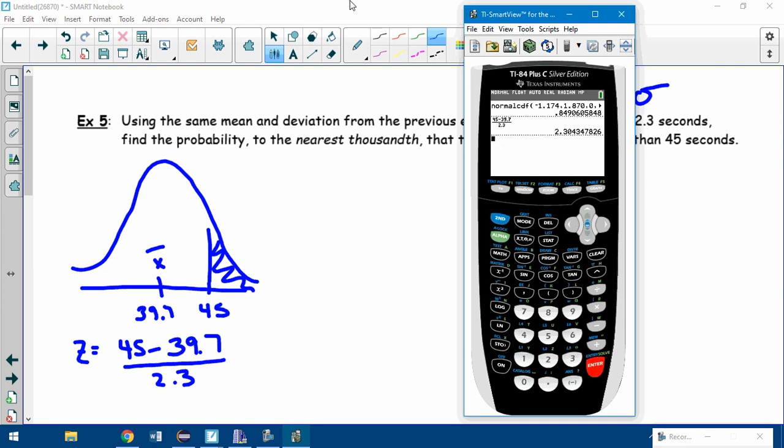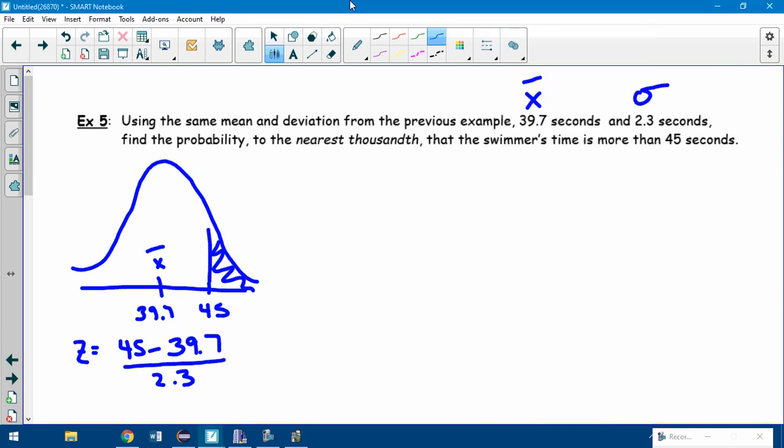The z-score is 2.304. On the normal curve, this would be 0 and this would be 2.304. So I'm going to go second vars again, and I'm going to do normal CDF.